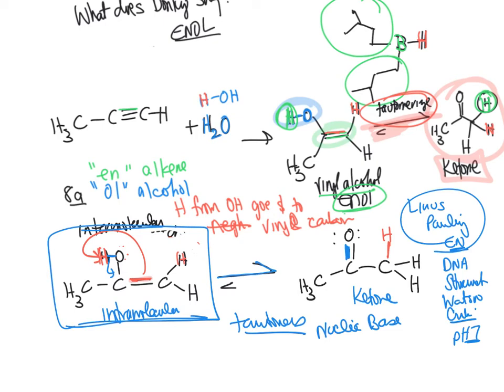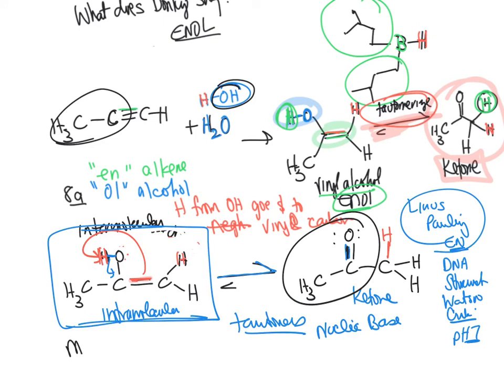Where are we at? D. In the hydration of propyne above, does the addition reaction occur according to Markovnikov's rule? Is the OH being added to the more substituted carbon? Yes. You see that the OH here is added to the more substituted carbon, so that's Markovnikov's rule, yes.